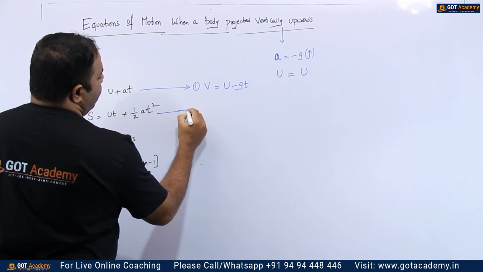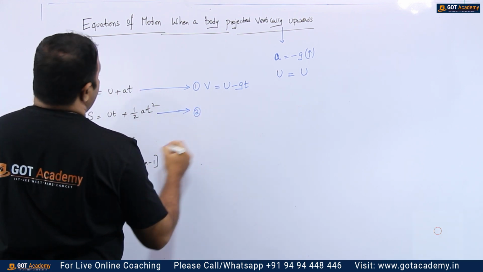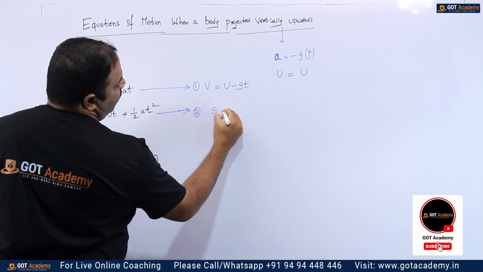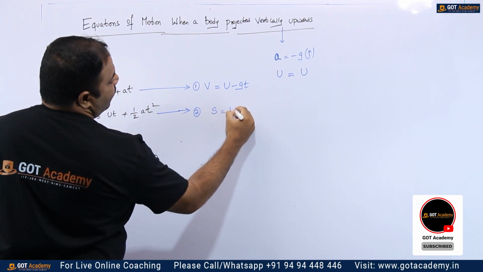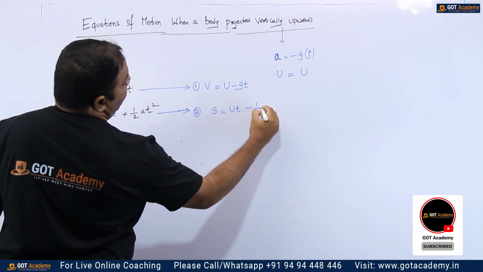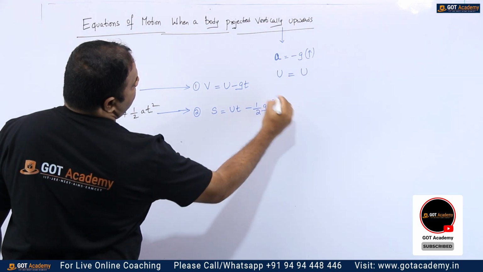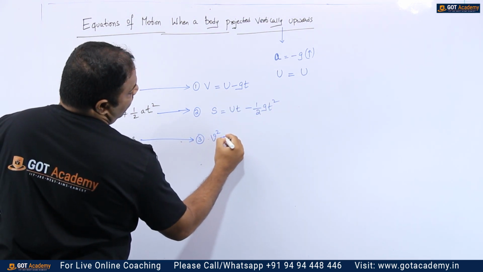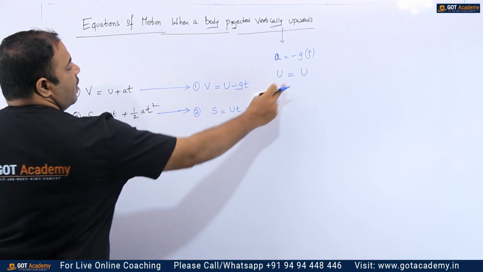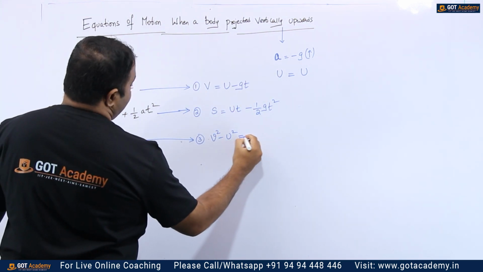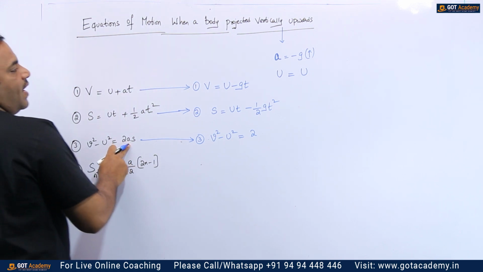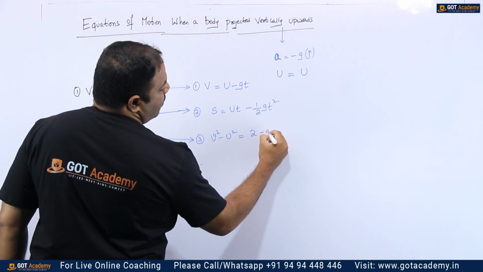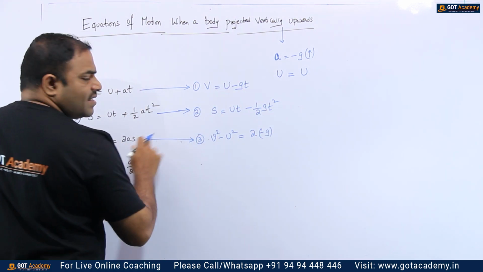Whereas here, S is equal to, in place of U, U, so only ut minus half gt square. In this case, V square minus U square, already I told you it is u, is equal to 2, and in case of A, you are writing it as minus g. Right? In case of S, S is okay.